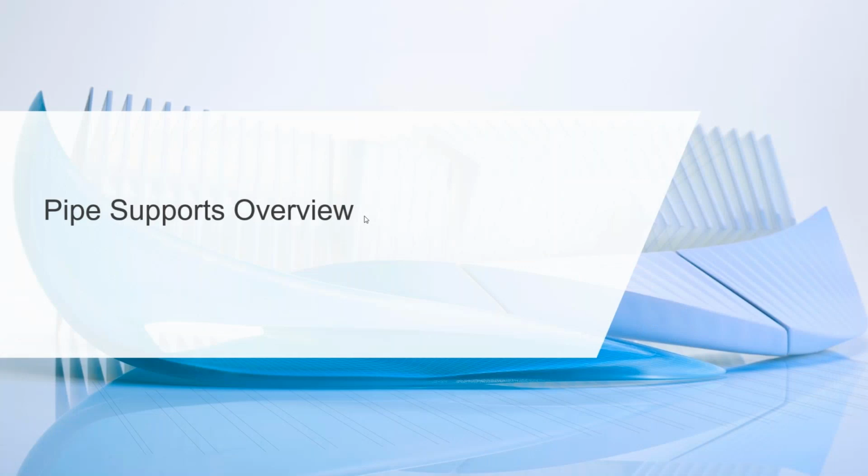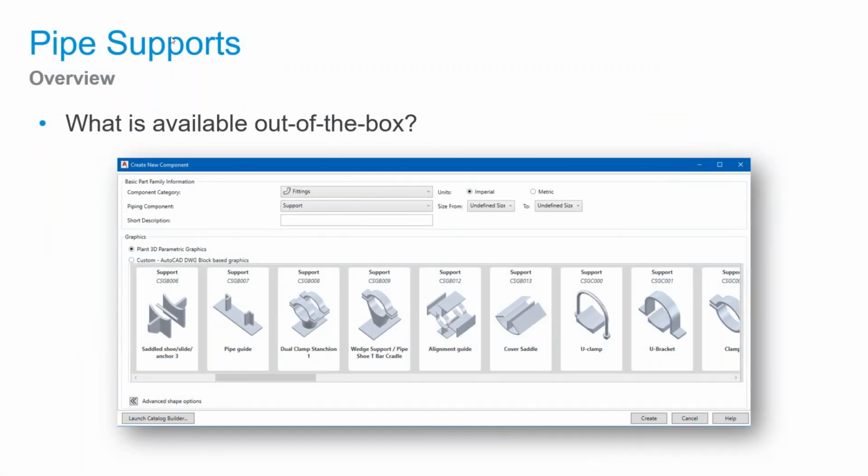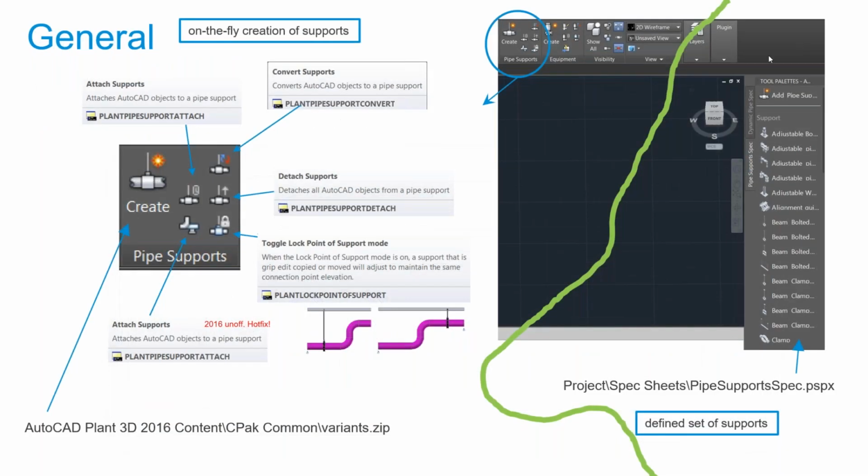Okay, pipe supports. Let's start with this. What Plan3D offers for pipe supports is some parametric templates that you can use. If you take a look at the user interface of Plan3D, you will see several places where you find functionality for supports.